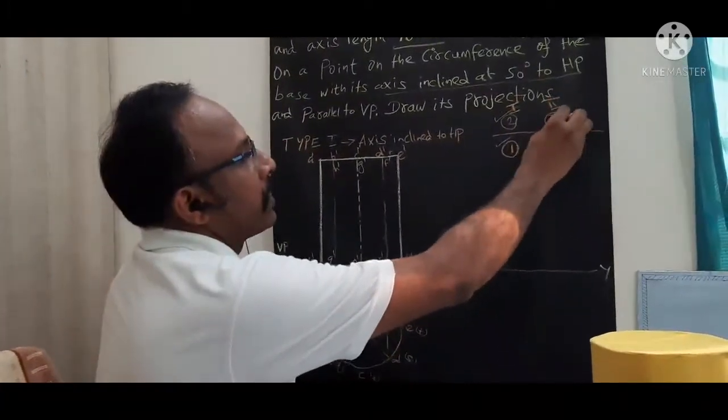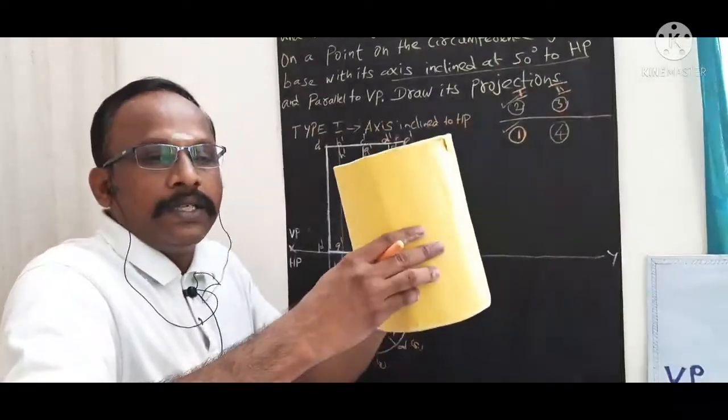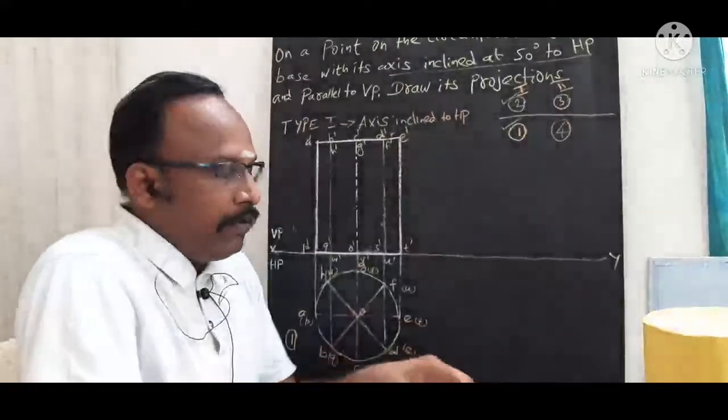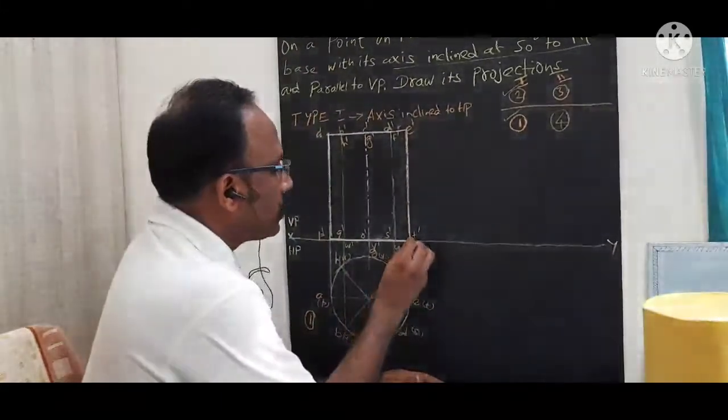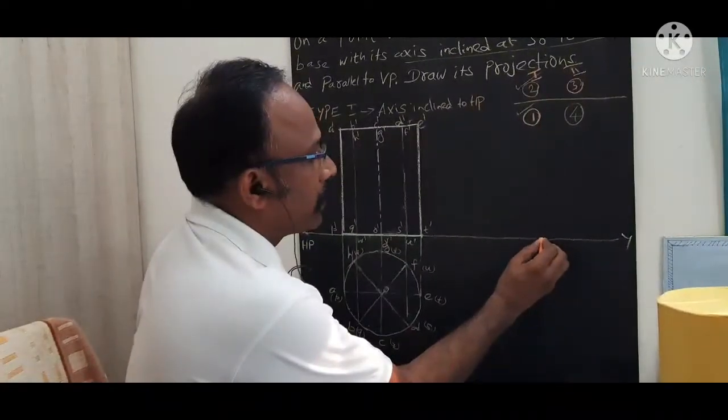Coming to the final stage, step number 3, for which we are going to tilt this solid axis inclined 50 degrees to H. For which we can take this point D dash somewhere, right? I am going to take this point D dash somewhere.